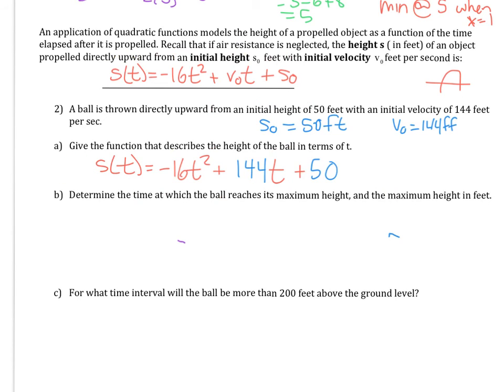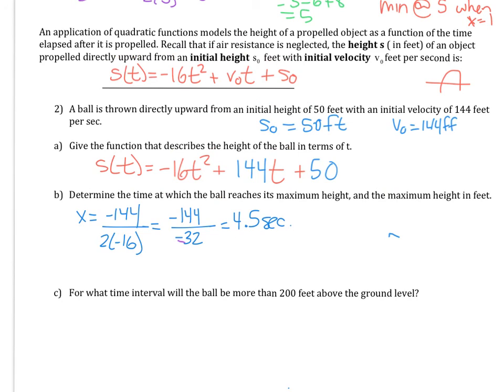Okay, B says determine the time at which the ball reaches its maximum height and the maximum height in feet. So again, whenever I'm asking you questions of max or min, your clue is to find the vertex. So I'm going to use the standard form formula again, x equals negative b over 2 times a, which in this case is negative 144 over 2 times negative 16. Negative 144 over negative 32 is going to give me x equals 4.5 seconds.